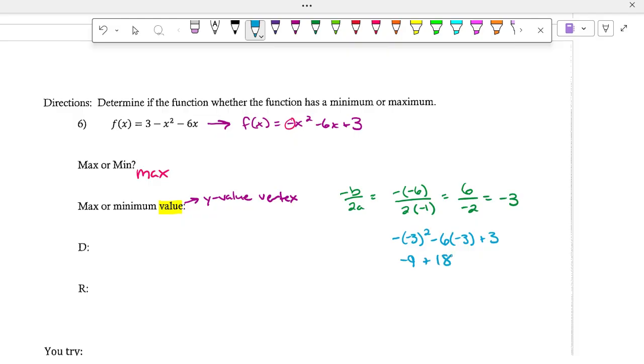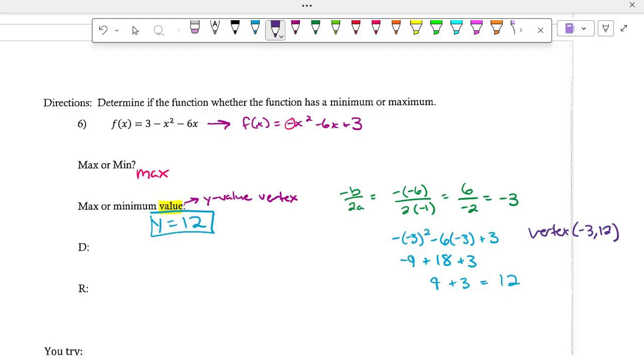Positive 18 plus 3. Negative 9 plus 18 is what? 9, plus 3, 12. So our max value is y equals 12. That's our maximum value, because our vertex is the point negative 3, 12.